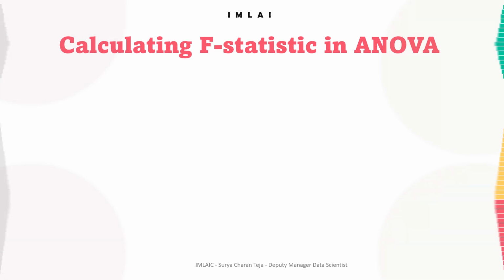If you remember, in our previous course on intuitive sampling and distributions, we calculated the F statistic using chi-square. I told you there are two ways of measuring it: one is ANOVA and the second is chi-square. There we did the chi-square. Now we are doing ANOVA.